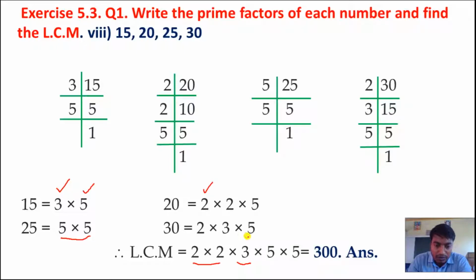So the maximum is 2 times, so we will take 2 times 5. Now we multiply this, and we will get 300. This is the LCM of 15, 20, 25 and 30. Understood? Clear to you?